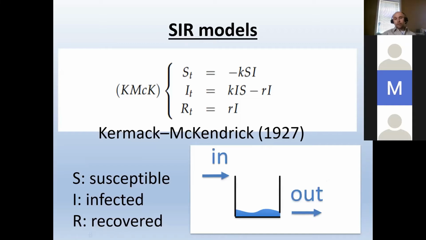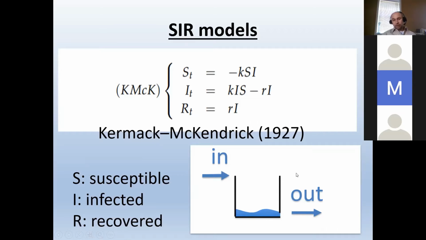All right, the main idea of this model is really fluxes. So here, let's imagine that this is the number of I. It's like water. You have infected coming into the I compartment at a given rate, and you have people going out. In this case, they're becoming recovered at another rate. So the question is whether the rate at which people are coming in is greater than the rate at which people are getting out.